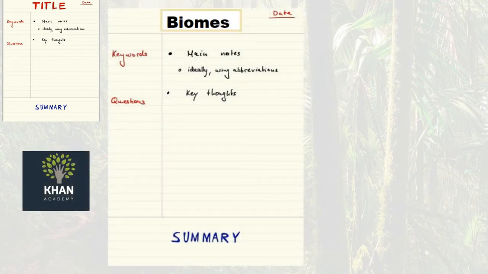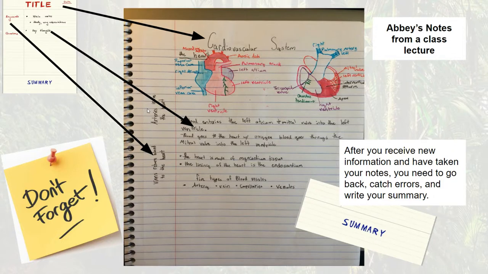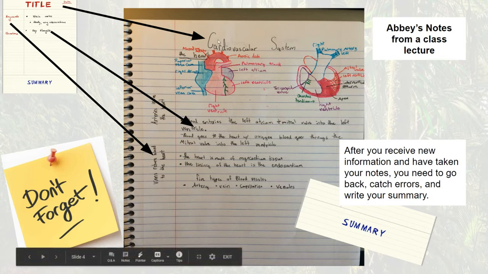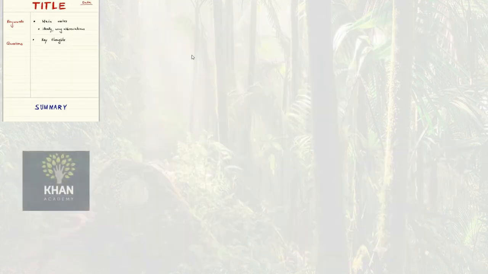Remember that this lesson is on biomes. We already know that, so we put the title at the top. Remember when we looked at this, our college student, Abby, put the title at the top. This particular paper already has the lines broken down, so you don't have to draw them, but you always put your title at the top first.